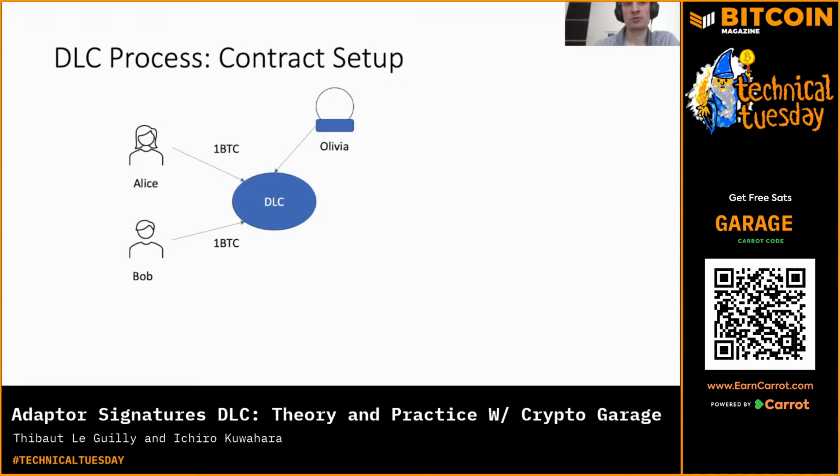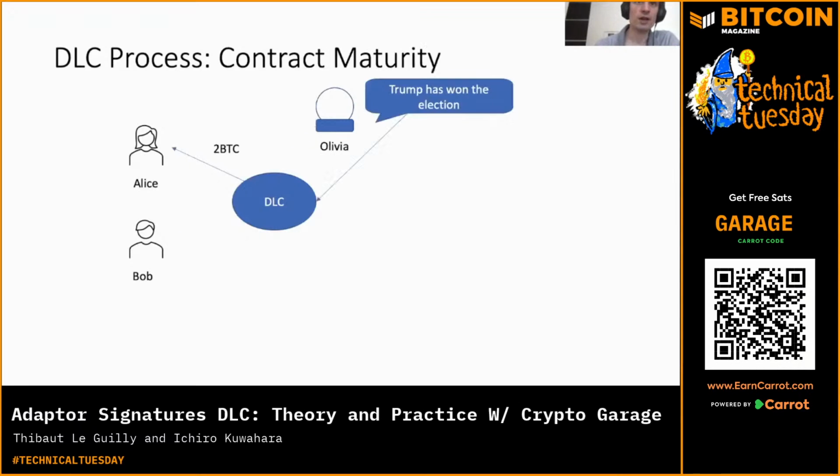And so they're both going to put one BTC. And when the event has occurred, so after the result of the US election, the oracle is going to release an attestation over the outcome, saying, for example, Trump or Biden has won the election. So if Trump wins, in that case, using this attestation, Alice is going to be able to recover 2 BTC, her 1 BTC that she put originally, plus the 1 BTC that she got from Bob.